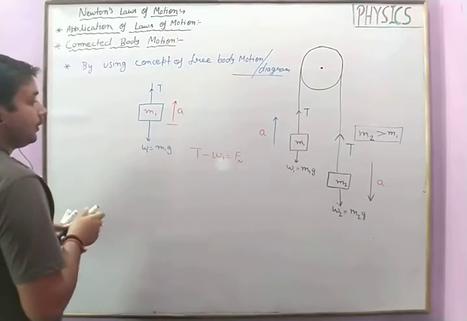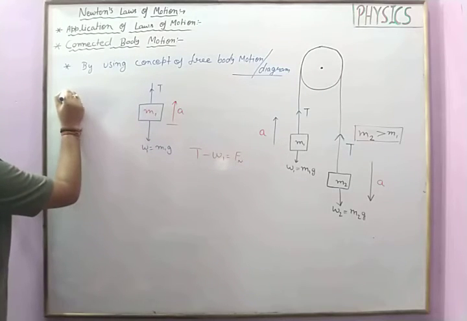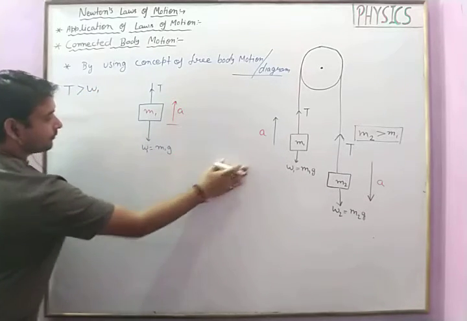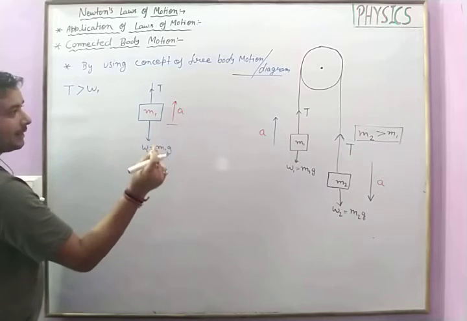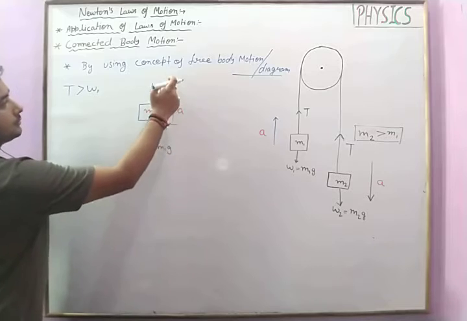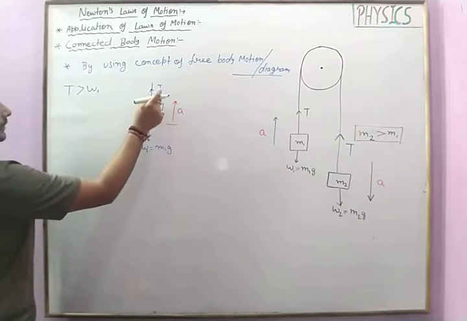Therefore, for this situation, tension is greater than W1. Because of the situation, the body is moving upward, that is, the net force works along the direction of tension in the string.